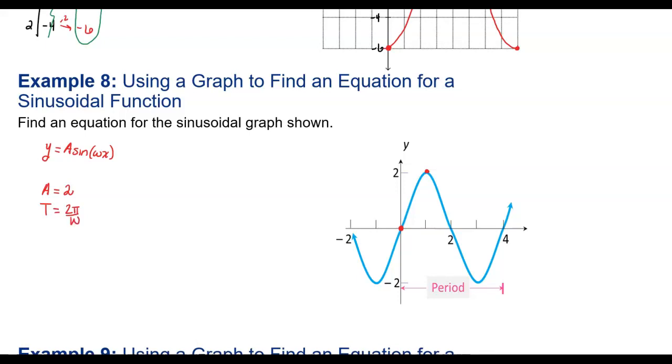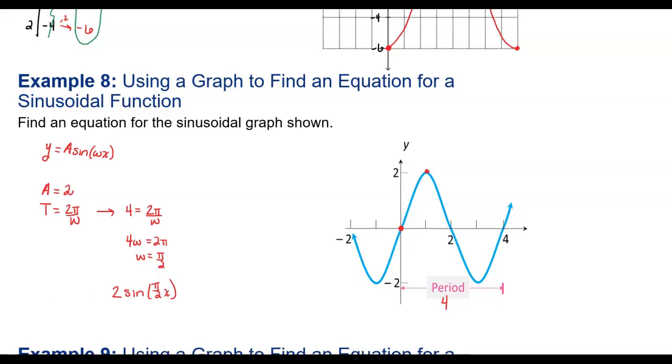And if we look over here, our period spans from 0 to 4, so our period is 4. So this means we have 4 equals 2 pi over omega. So 4 omega equals 2 pi. Omega equals pi over 2. So our answer is 2 sine pi over 2 x.